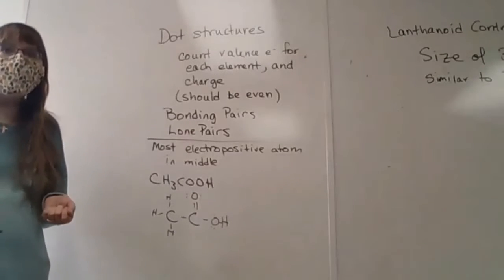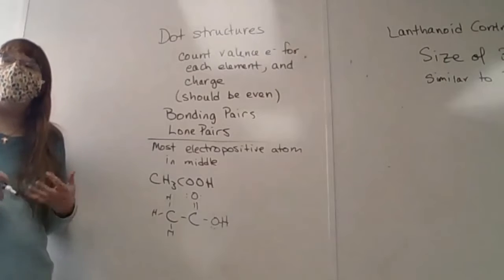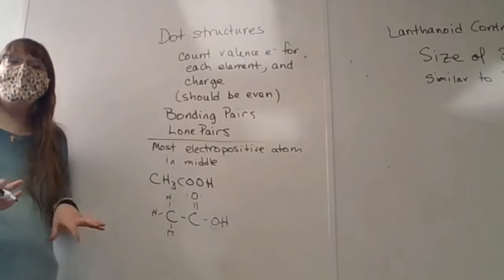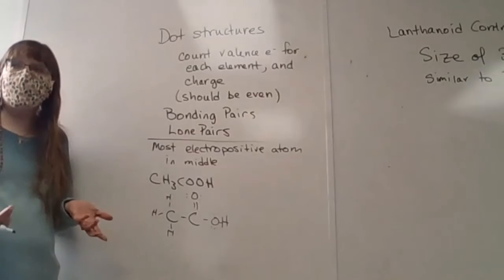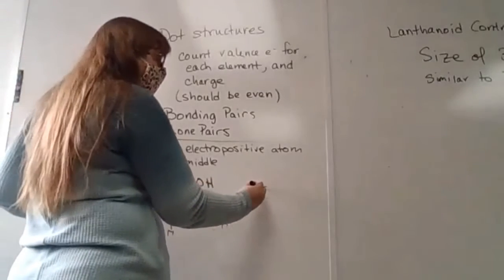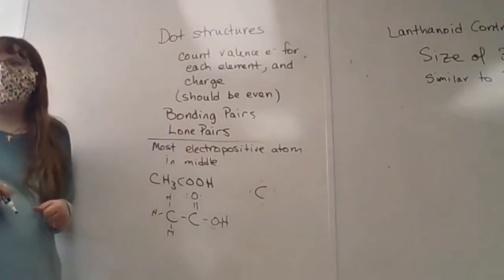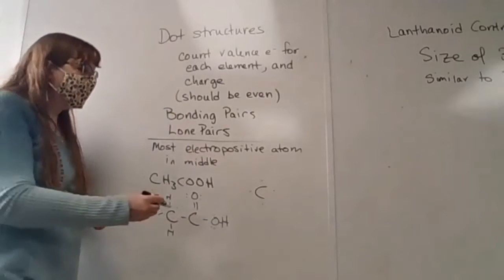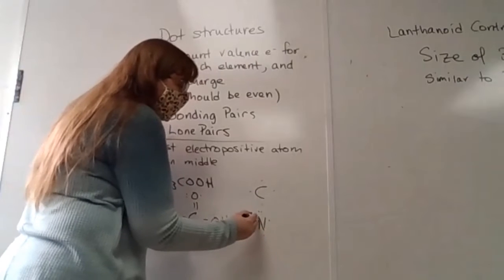Now we can also use the dot structures for the individual elements to kind of tell us what typical bonding is. And by now you are very well aware that carbon likes to form how many bonds? 4 bonds, exactly. If we look at the dot structure for a carbon atom, it has 4 unpaired electrons, okay? If I look at nitrogen, it has a lone pair and 3 unpaired electrons.